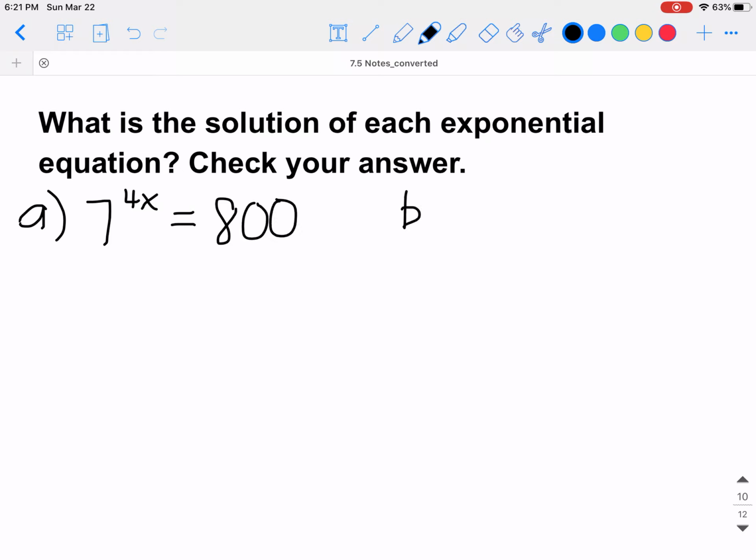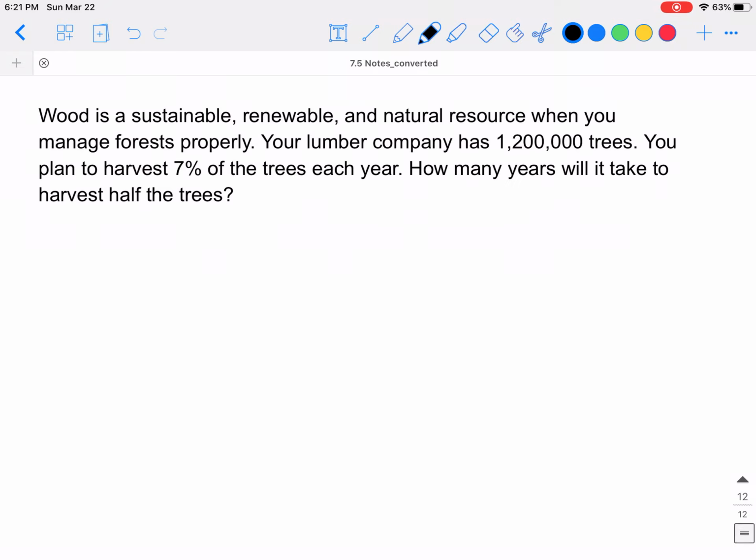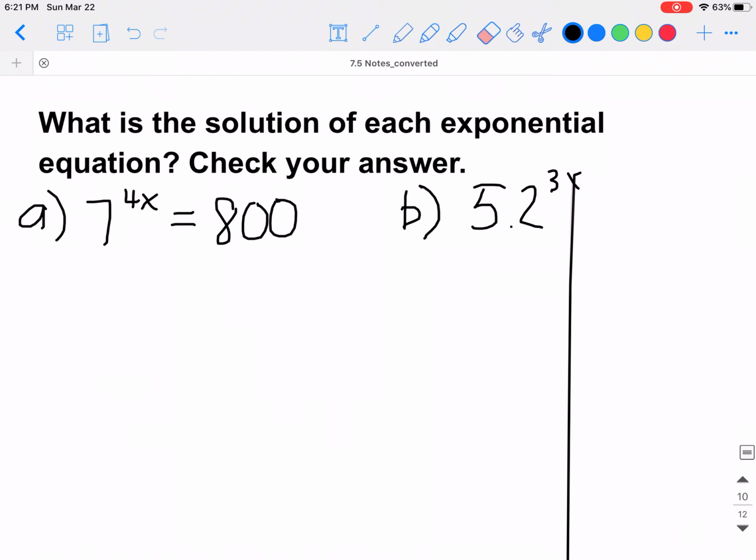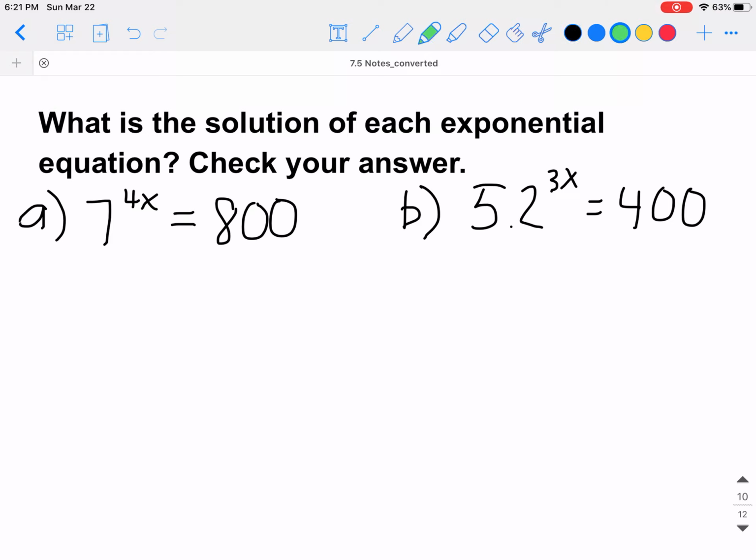The second example is 5.2 raised to the 3x equals 400. So at this time, if you want to pause the video, you can try these two problems on your own. And to check your answer, once you solve for x, you're just going to plug back into the original and see if it works.